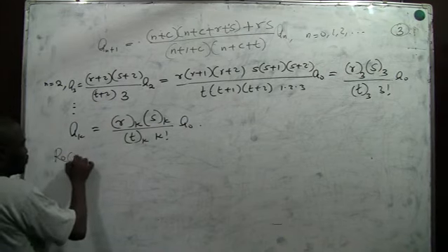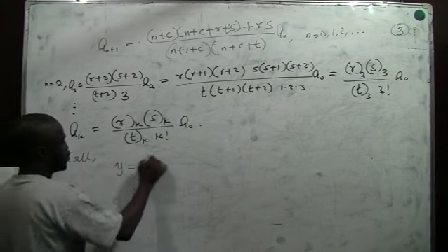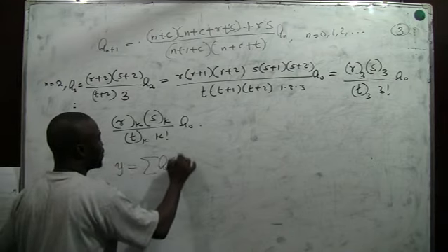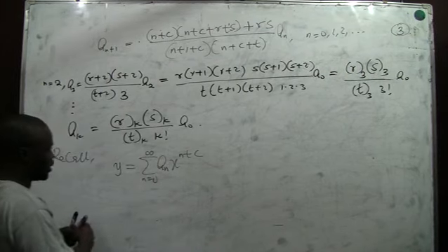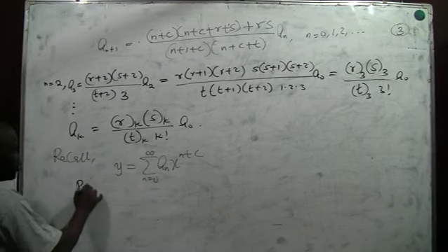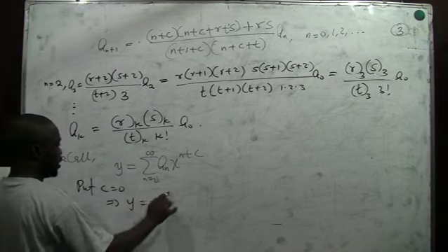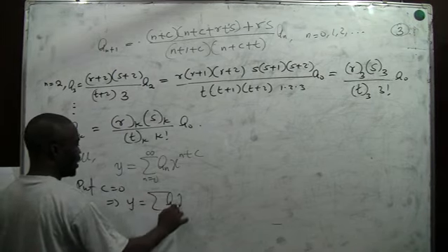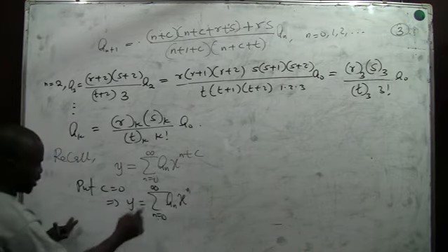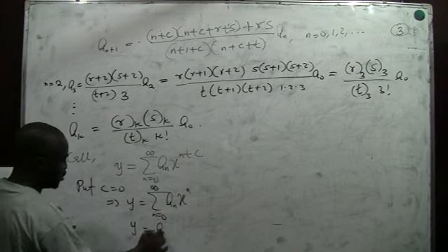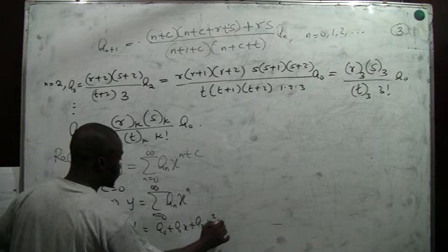Recall equation 2, that y is the summation a_n x to the power n plus c, n from 0 to infinity. Now that c equals 0, put c equals 0. It implies that I have y equals the summation a_n x to the power n, n from 0 to infinity. Expand this one. It is a0 plus a1 x plus a2 x squared, and it continues.